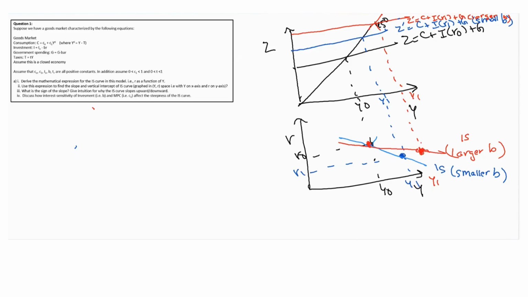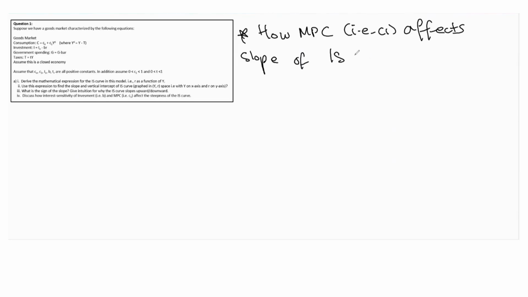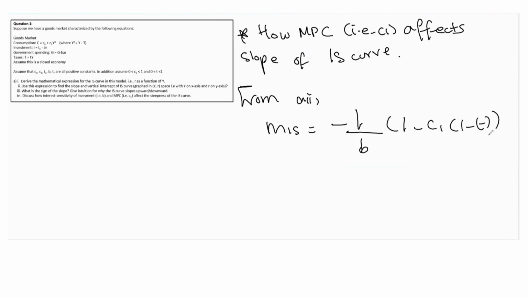So now I want to see, how does MPC affect the slope of the IS curve? Now, from A2, we know that the slope of the IS curve is minus B over (1 minus C1)(1 minus T).